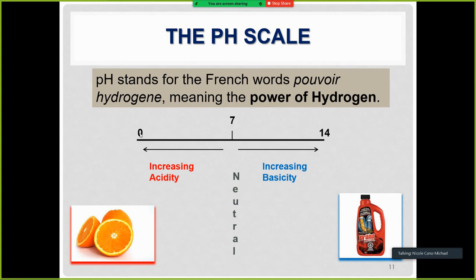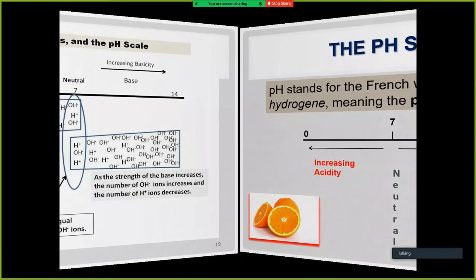The closer you are to 7, the closer to neutral, the weaker the acid or base is. And where does pH come from? Pouvoir hydrogène, meaning the power of hydrogen. Gotta love the French. They use a bunch of vowels and never actually pronounce them.